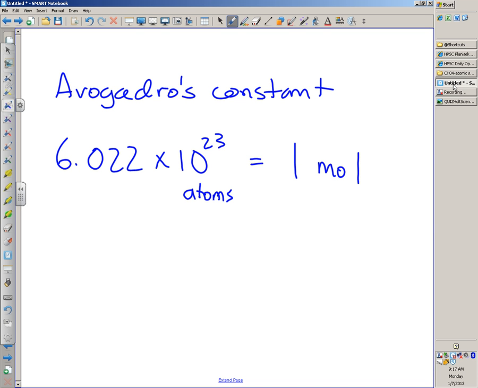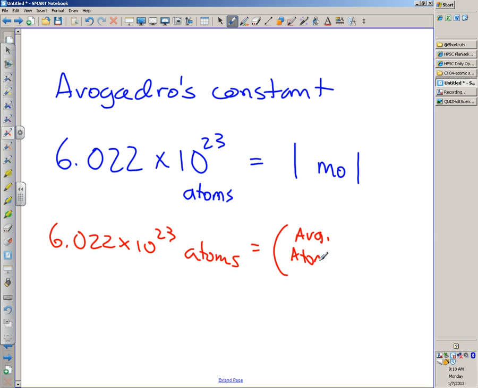Okay. We learned that 6.022 times 10 to the 23rd atoms is equal to 1 mole. But we also discussed that if you have 6.022 times 10 to the 23rd atoms, you will have a specific mass. And that mass is equal to the average atomic mass of that element, but the unit on it is now grams. Where do we get the average atomic mass for an element?